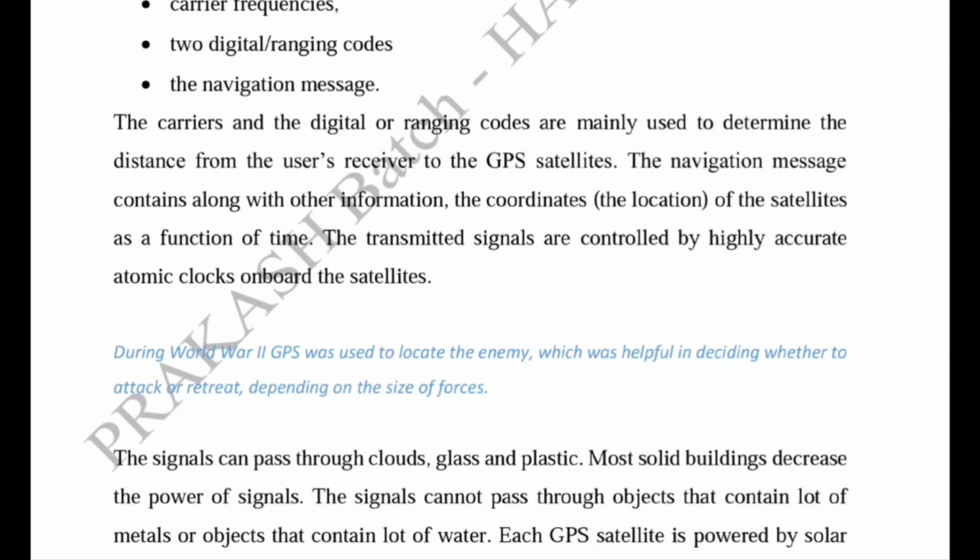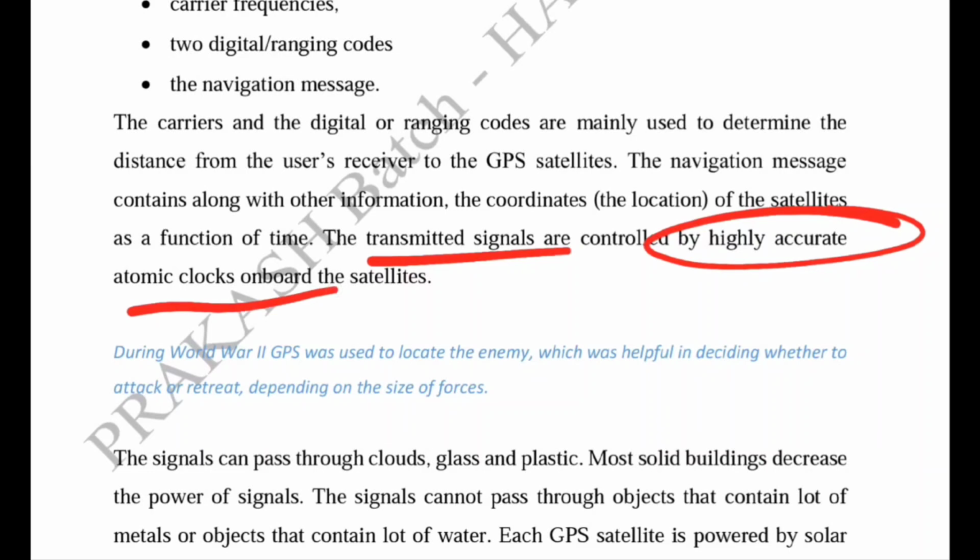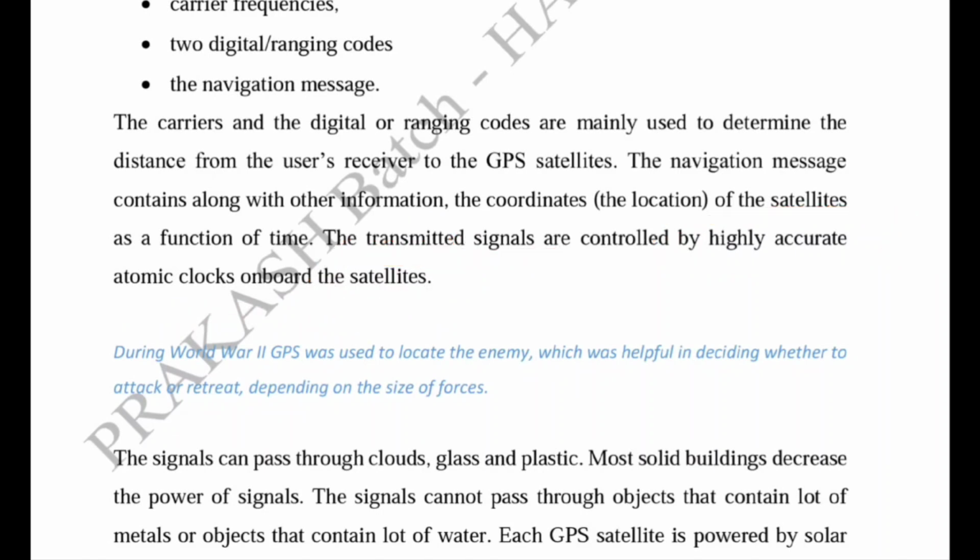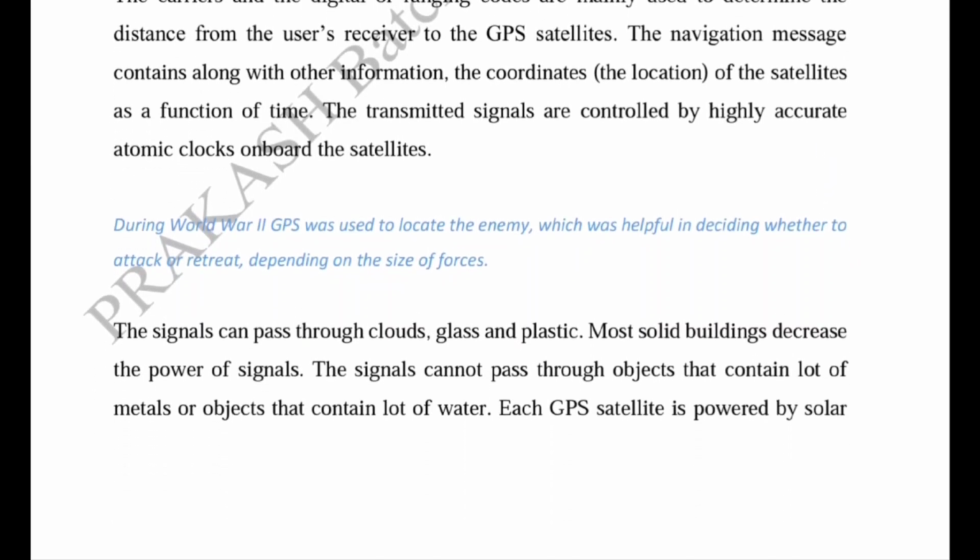The transmitted signal is controlled by very highly accurate atomic clocks on board the satellites. The satellites have very precise clocks compared to the GPS receiver, so they have to be synchronized to the same time information, and for that synchronization error, one time component has to be calculated, and for that time calculation we require an extra satellite.